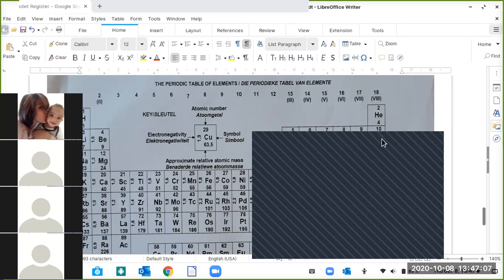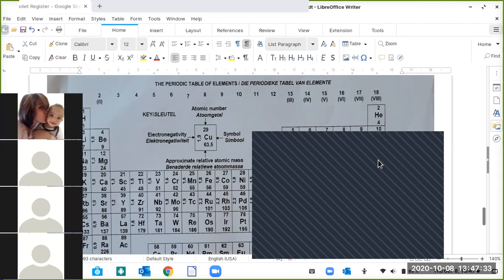So the first row tells us that the maximum is 2. Then the second shell in period 2, it has got a total of 10 electrons. So the maximum number of electrons in the second shell becomes what? 8.